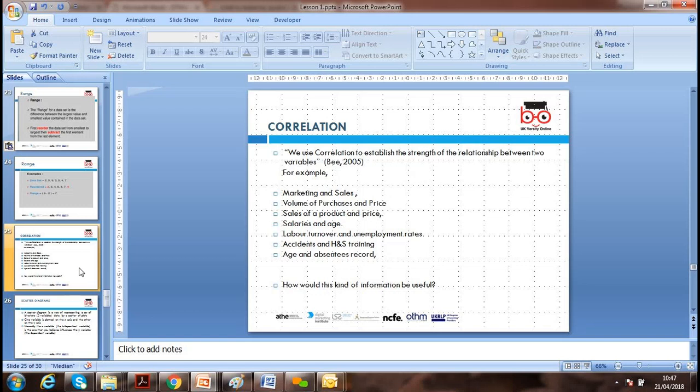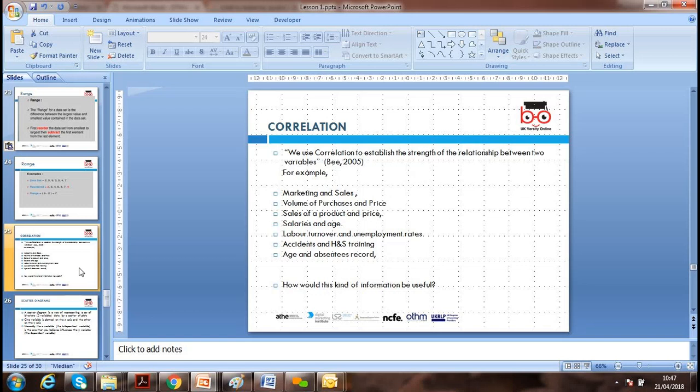Volume of purchase and the price: if you buy more things, are we getting a cheaper price or not? Yes, there is a correlation, and we find how strong the correlation is. We have positive correlation, negative correlation, or no correlation.